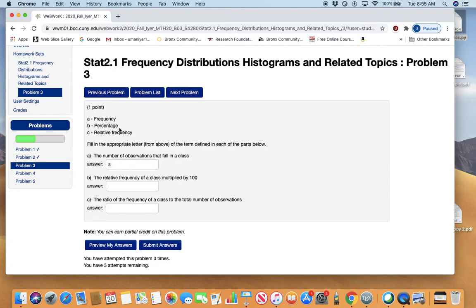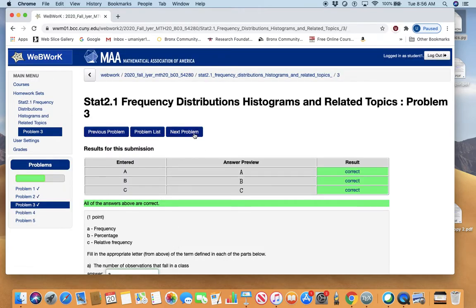That gives me the hint. I'm multiplying by 100, so it's a percentage. And the ratio of the frequency of a class to the total number: frequency divided by total number is called relative frequency. Good. Next.